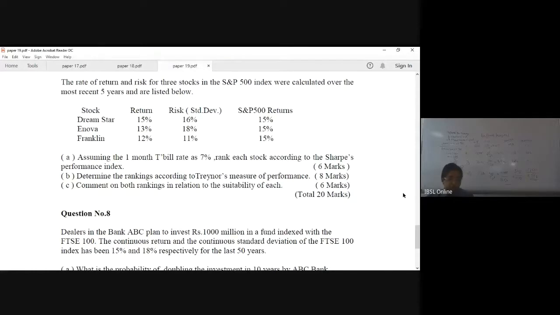So just look at it and see how you can get the beta value calculated here for Dreamstar. Risk-free rate is also available. Yes. Just try to get the beta values calculated for Dreamstar, Innova, and Franklin.